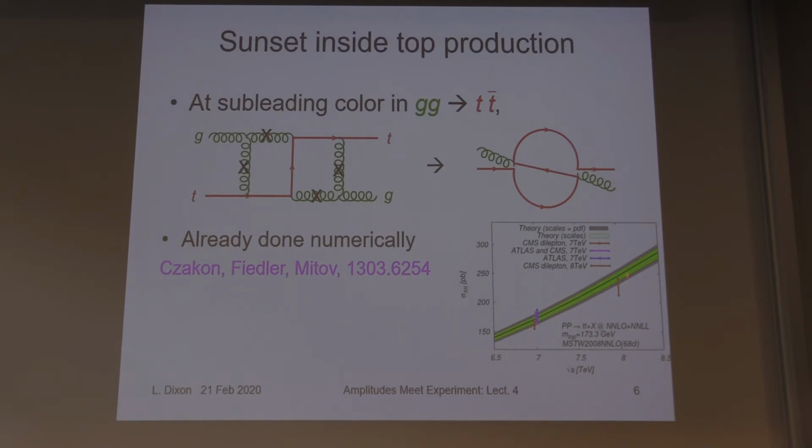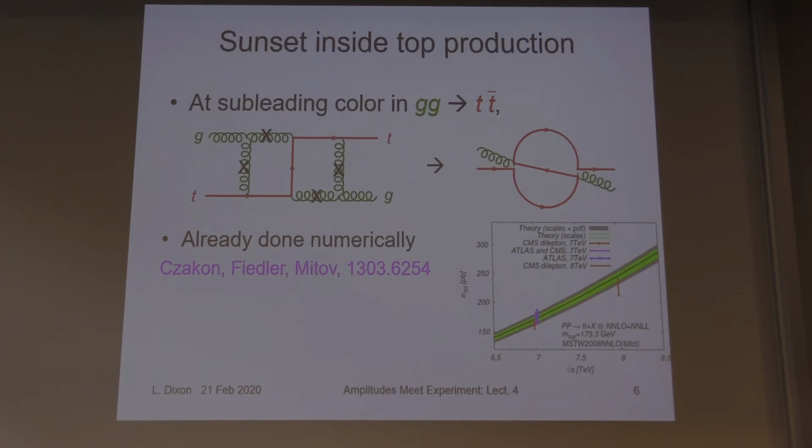And here's the theory for top quark production that results from these virtual corrections, as well as very sophisticated real radiation. And you can see there's a certain uncertainty band from the scales, but it fits pretty well with the data from ATLAS and CMS.